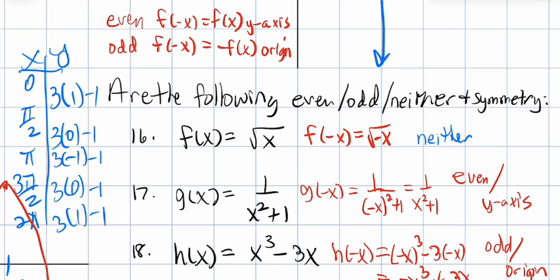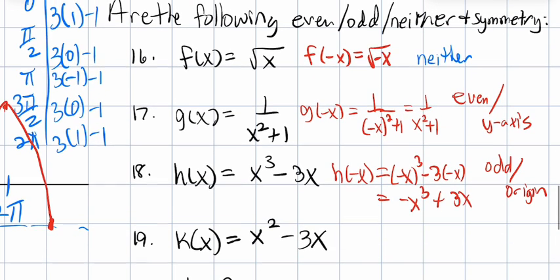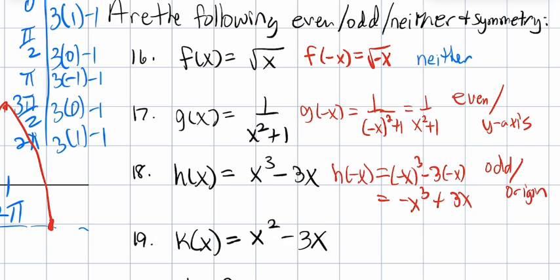So now we have seen a version that wasn't anything, a version that was even, and a version that was odd. Now that square instead of that cube really changes things, because for k, when we plug in the x as a negative x, the first piece changes. No, I'm sorry.